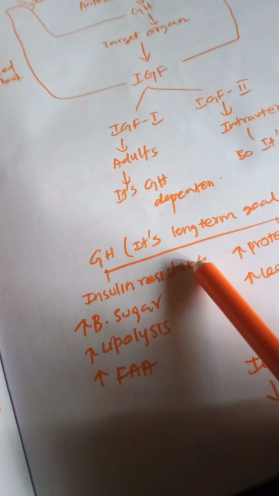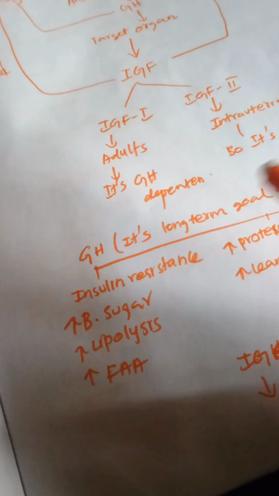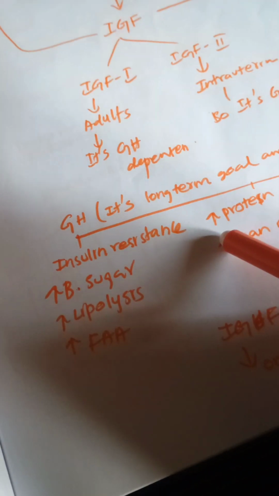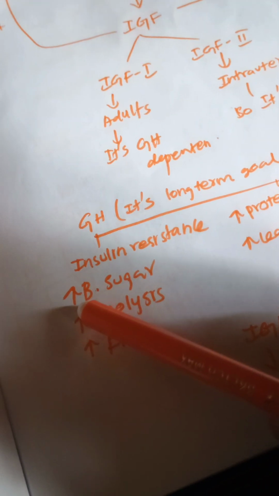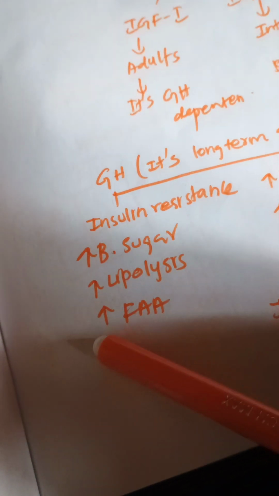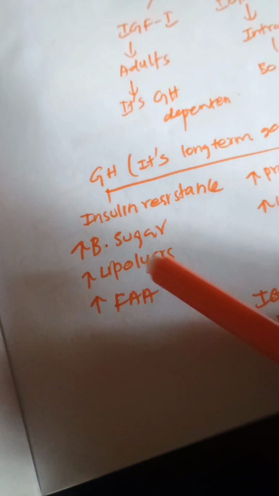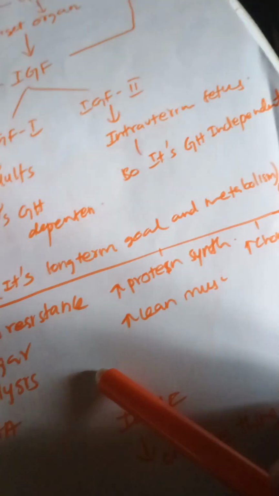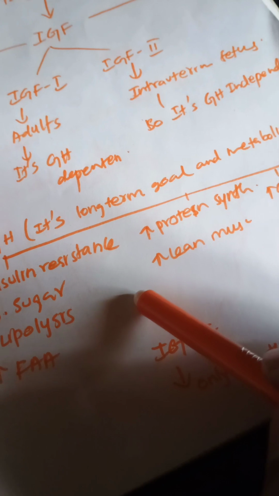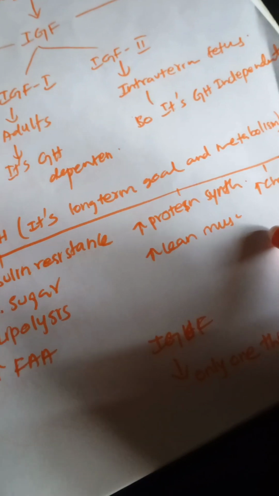Growth hormone functions are insulin resistance. So it increases the blood sugar level, increases lipolysis and free fatty acids, and it also increases protein synthesis and lean body mass.